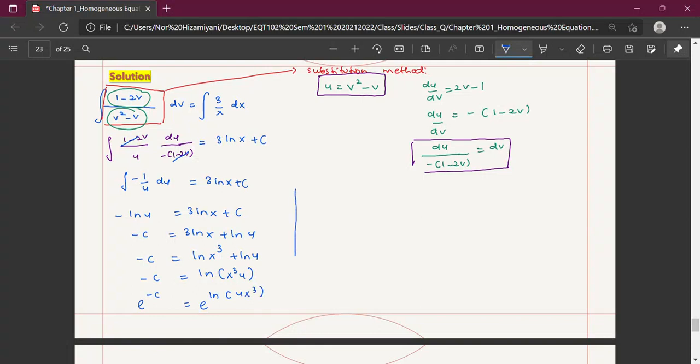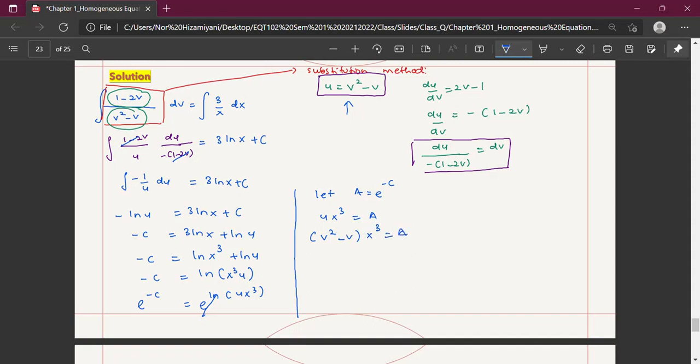So you can just let any constant, let's say a, equal to e to the power of negative c, and then e to the power of ln is equal to 1, you will get u x to the power of 3 equal to a. Okay, now you substitute back u into our solution. So you will get (v² minus v) x to the power of 3 equal to a.